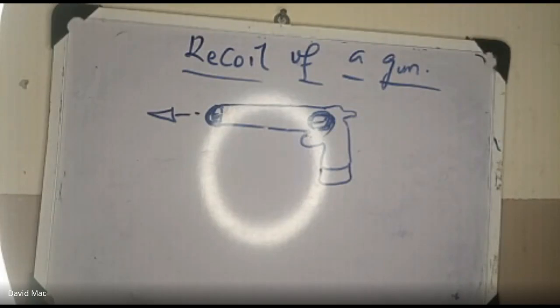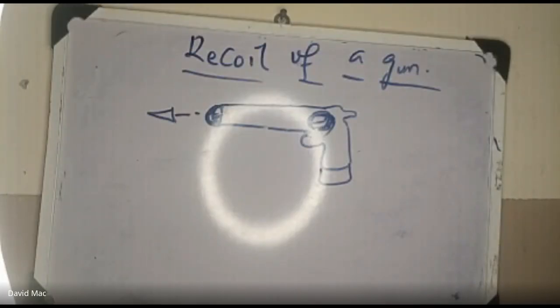The initial momentum, that means the M1U1, M2U2 of the gun and the bullet, is 0. M1U1 is the momentum of the gun. M2U2 is the momentum of what?